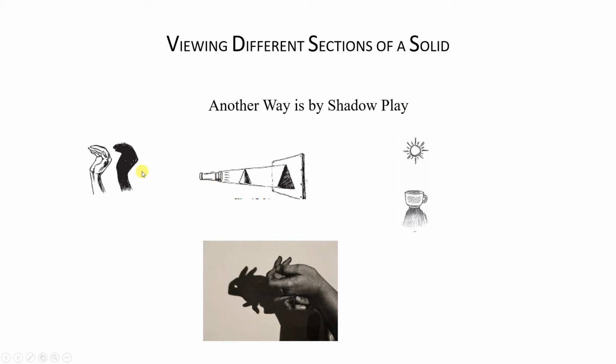A shadow play is a kind of game which you have played and right now you can play also, in which whenever sunlight is radiating from the balcony or from the window or from the door, when you put something, for example, your hand, against the wall, you can see the shadow of your hand on the wall like this.